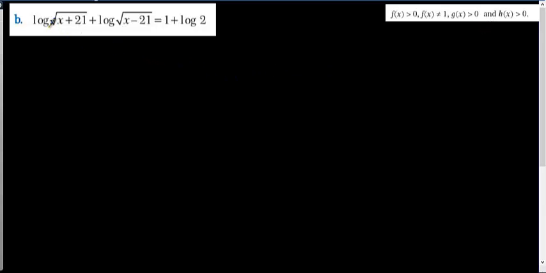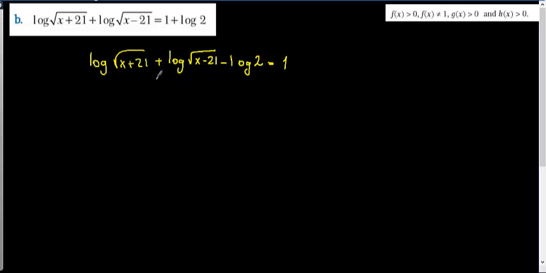The base is 10 here, you know that one, and the terms are logarithm base 10 of root (x plus 21), plus logarithm of root (x minus 21), minus logarithm of 2, is going to be equal to 1.